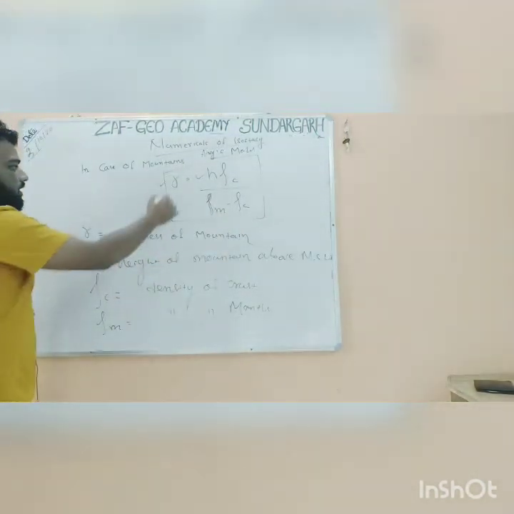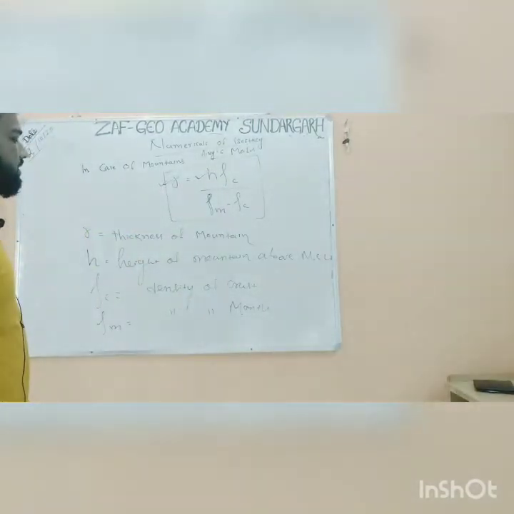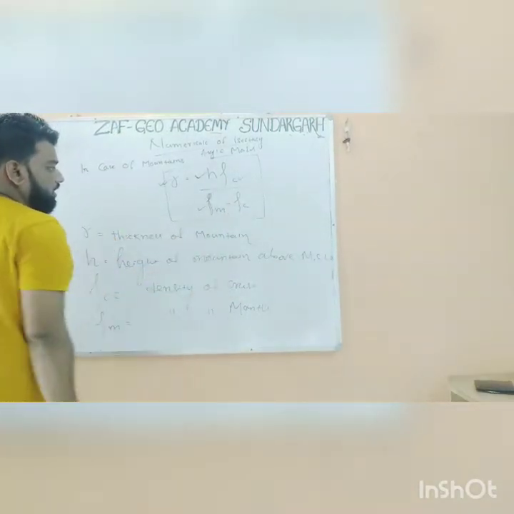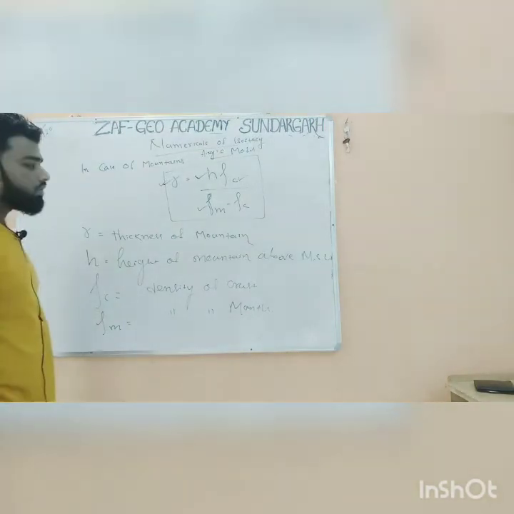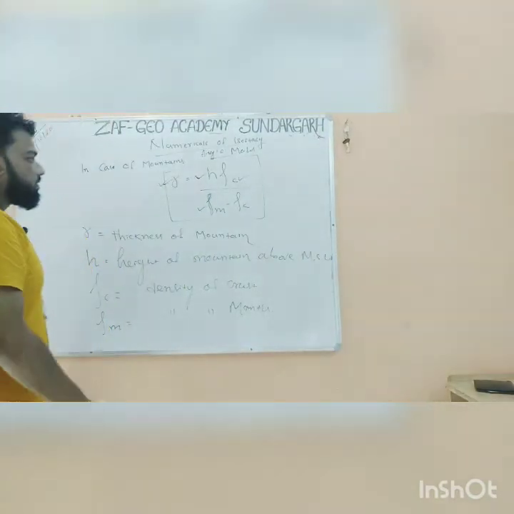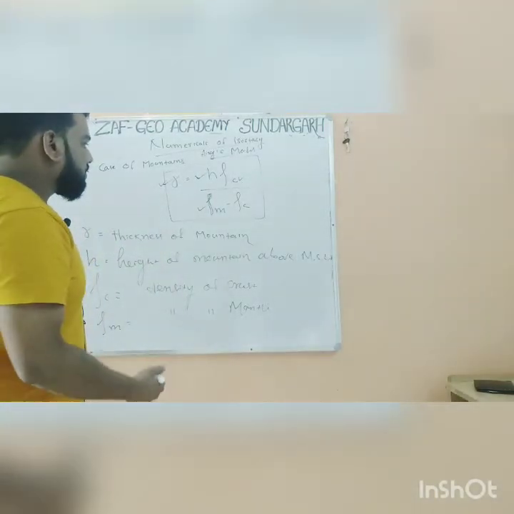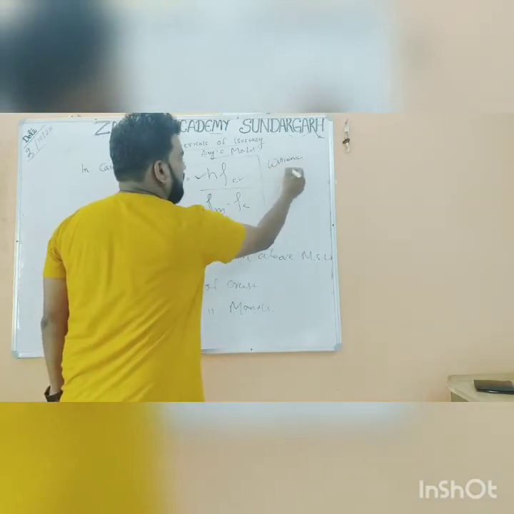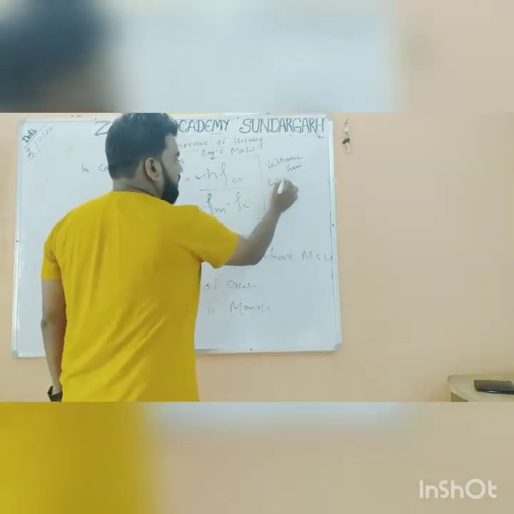Now here R is the thickness of the root, H is the height of the mountain above mean sea level, rho c is the density of crust, and rho m is the density of mantle. If you don't know how this formula is derived, I am not going into it. You can go through the book by William Lowrie, or follow Lillie for the derivation.